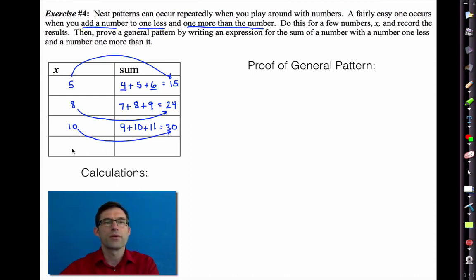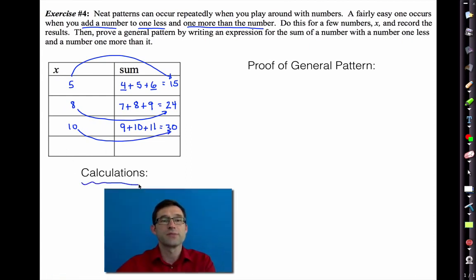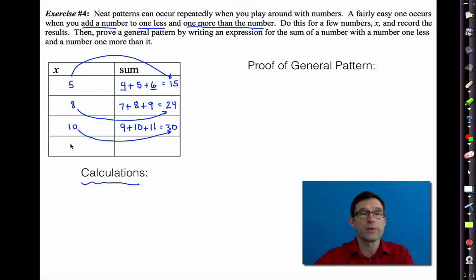And why not? One more. I don't know, let's go with 20. Number 1 less, plus 20, plus a number 1 more. 19 and 20 is 39, plus 21 is 60.